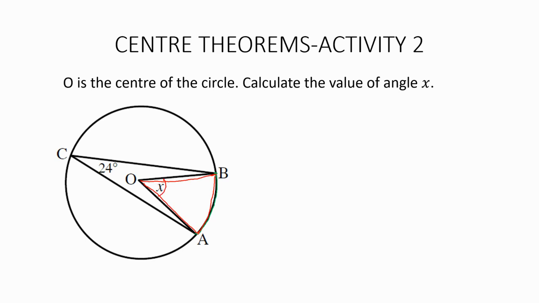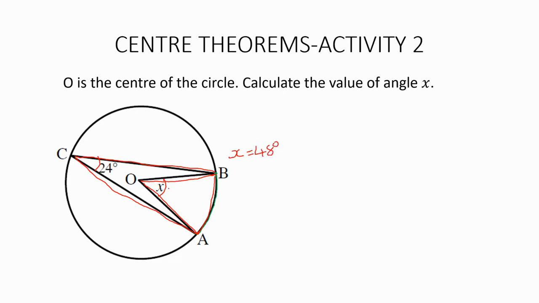And then we have another angle formed at the circumference. Okay, we talked about this. So this angle, X, is going to be what? So X is equal to 48 degrees.